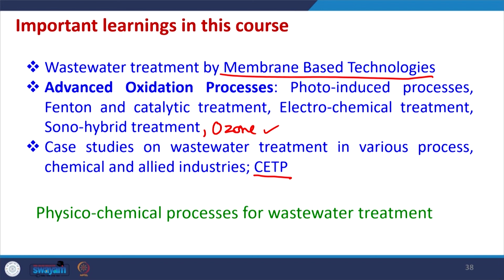So, we have studied all these strategies for water and wastewater treatment which can be adopted in any industry, and for this we should understand the basic characteristics of the water and the amount of water being generated. So, we can use any of these techniques, physico-chemical processes, for wastewater treatment. So, with this we will end this course.